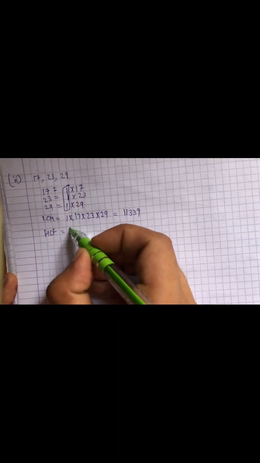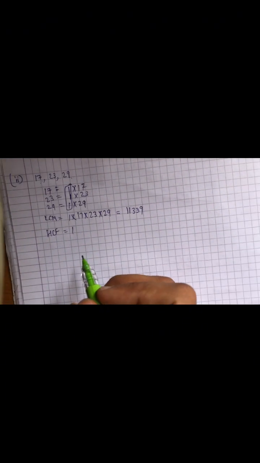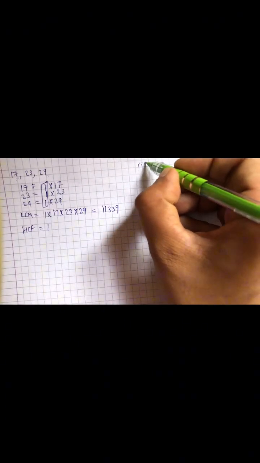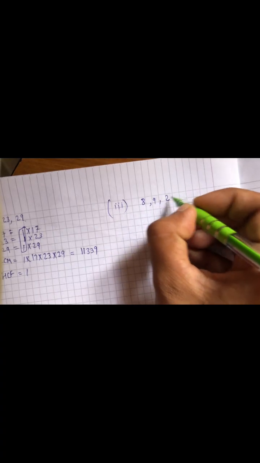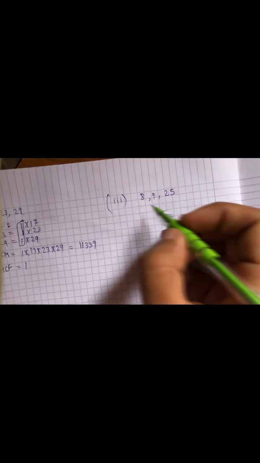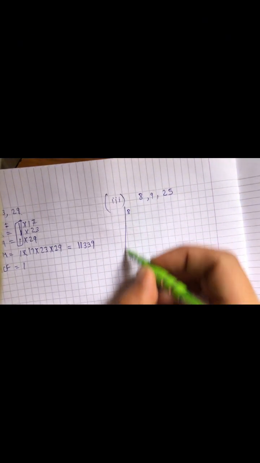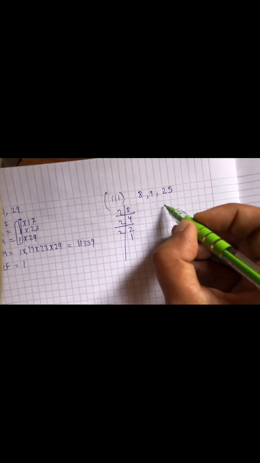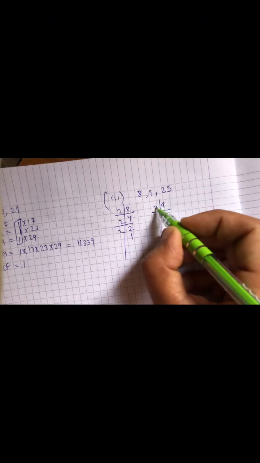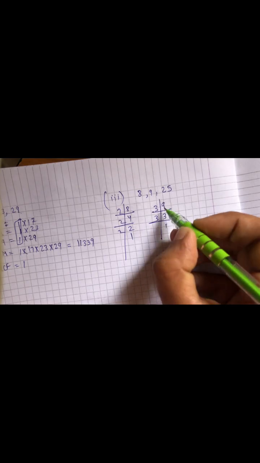So HCF is 1. Now the third part is to find the LCM and HCF of the numbers 8, 9 and 25. Factors of 8: 2, 4, 2, 2, 1. Factors of 9: 3, 3, 1.